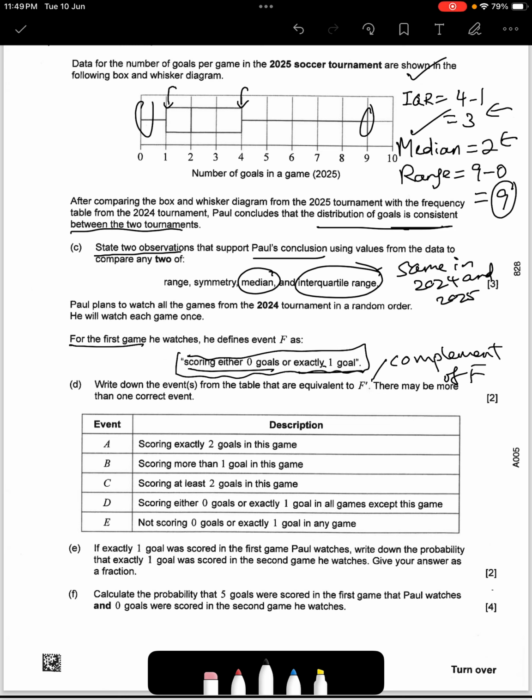Okay, scoring either 0 goals or exactly 1 goal. Alright, so it says write down the events that are equivalent to F prime. But if you see scoring exactly 2 goals in this game, it does look like an F complement, isn't it?